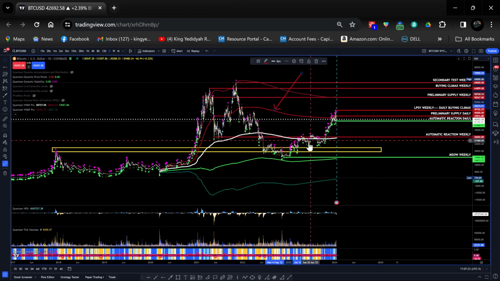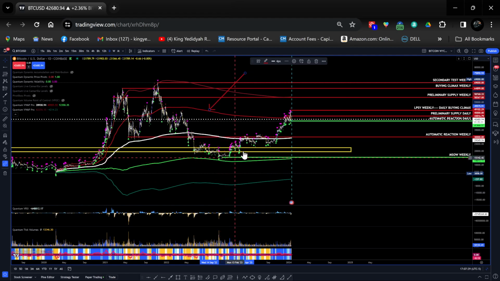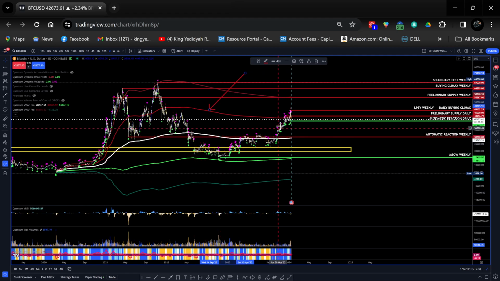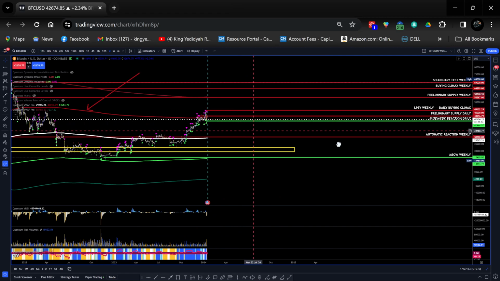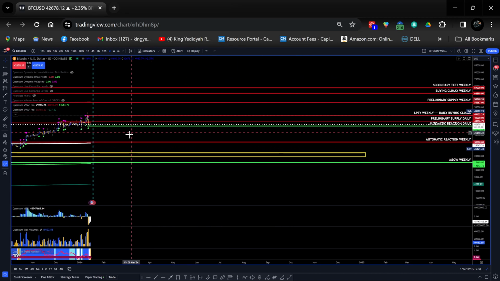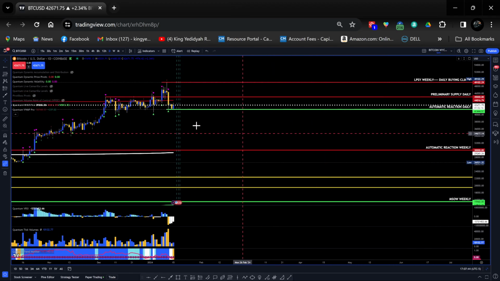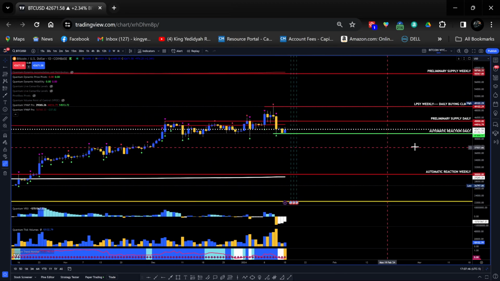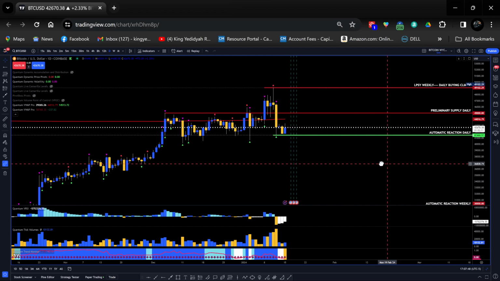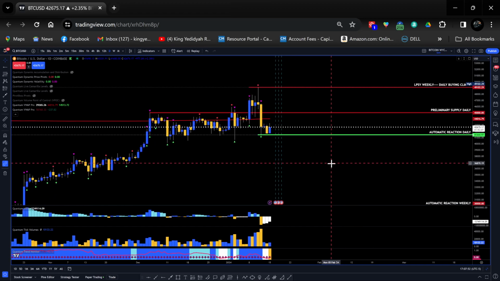So now we came down to the support level, the lower deviation. We got the support right there. Pushed back up above VWAP, and now this is the deciding factor right here with the first upper deviation band. What's interesting too is you're getting a lower angle to the VWAP bands as a whole.